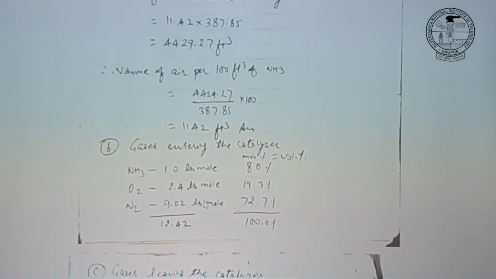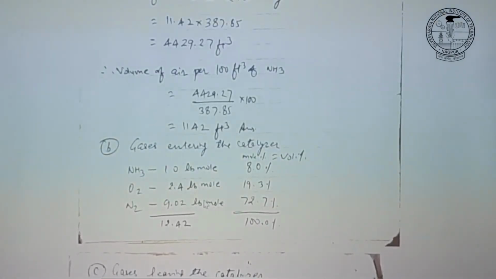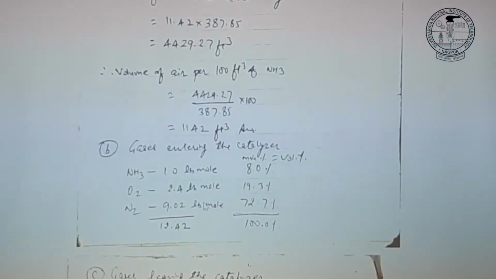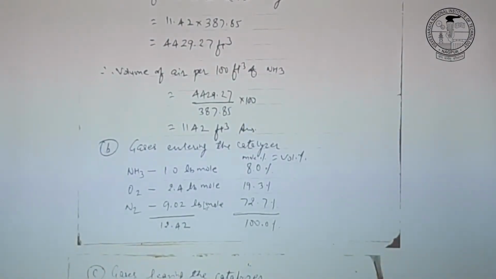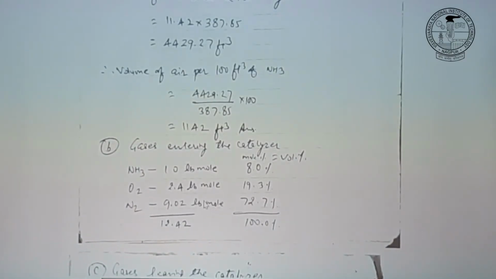So in the catalyzer these 3 components are entering: 1 lb mole of ammonia, 2.4 lb mole of oxygen, and 9.02 lb mole of nitrogen.